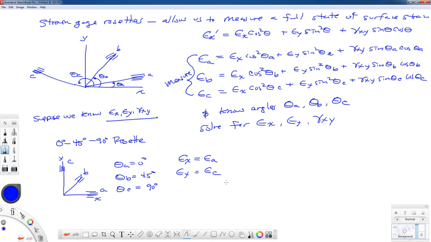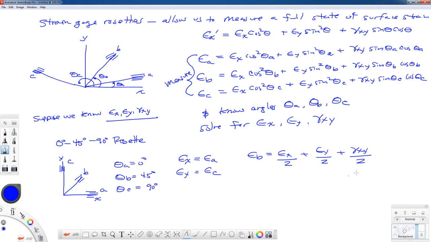If I put in 45 degrees into this middle equation right here, let's go ahead and write it out. Epsilon B would be equal to epsilon x, let's see, 45 degrees, the cosine squared of 45 degrees is 1/2, plus epsilon y, the sine squared of 45 degrees is 1/2, plus gamma xy, and these are also 1/2.